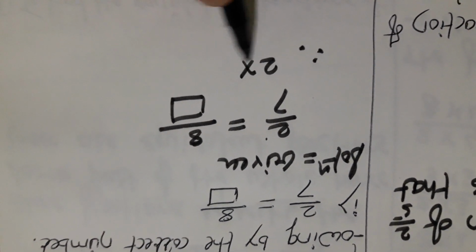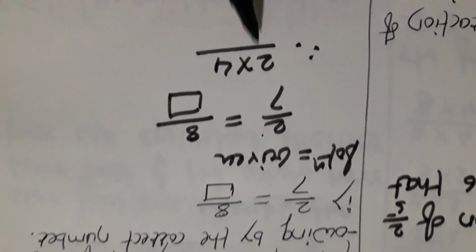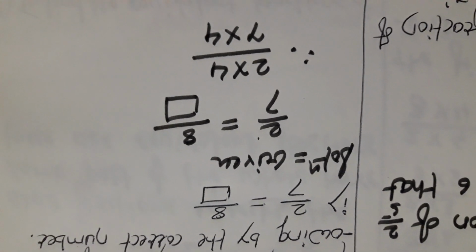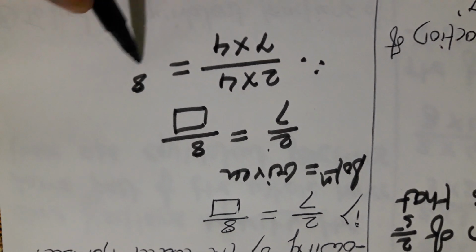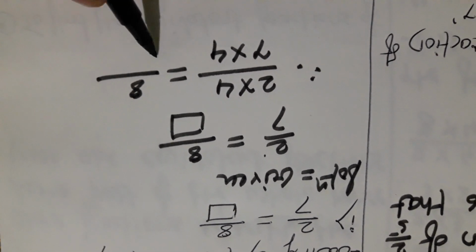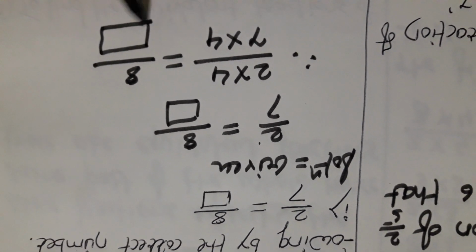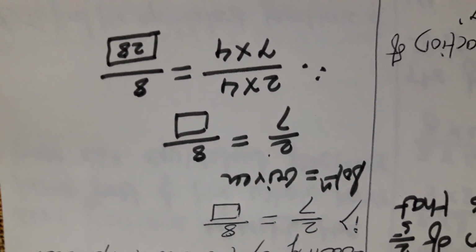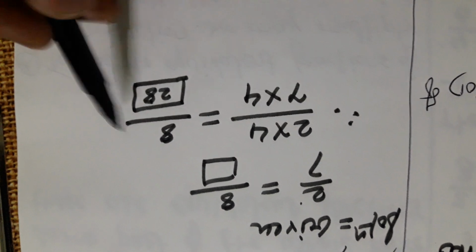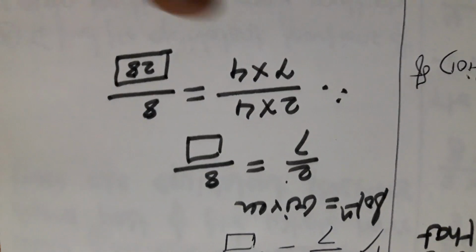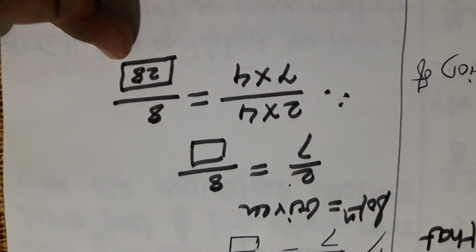Therefore 2 into 4 divided by 7 into 4, that is equal to, 2 into 4 is what? 8, divided by 7 into 4 is what? 28. Then which number came in this box? 28. Simply, this is also one type of equivalent fraction.